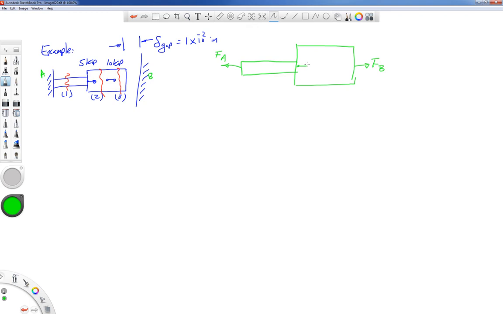We've got our 2 applied forces of 5 kips and 10 kips at those locations. So the overall free body diagram for this says minus FA plus 5 plus 10 plus FB is equal to 0.